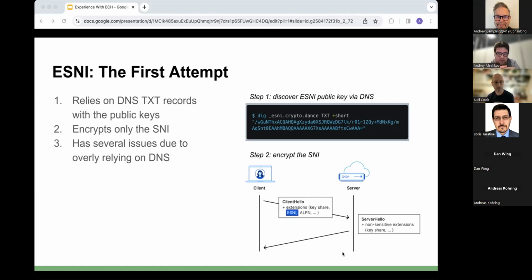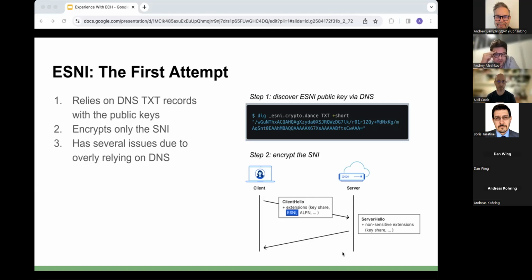The server will then attempt to decrypt the encrypted SNI using the secret key corresponding to its public key. If decryption were to succeed, then the server would proceed with the connection using the decrypted SNI.